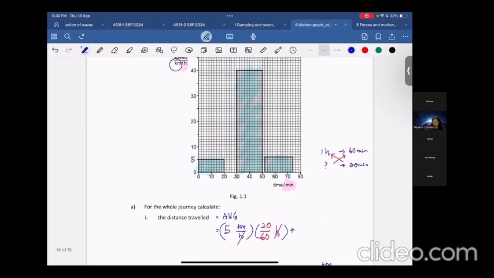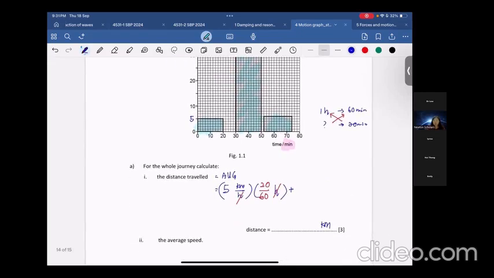Second section, third section, you do the same way, convert the unit. Can you tell me how far the distance travelled?